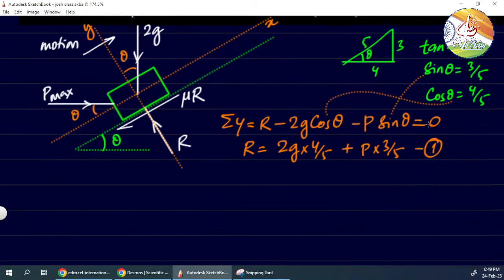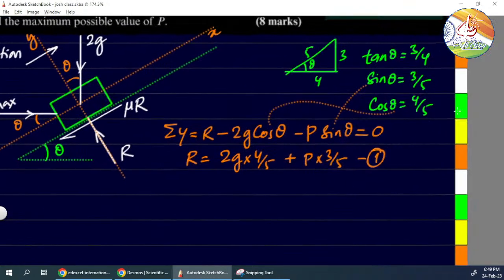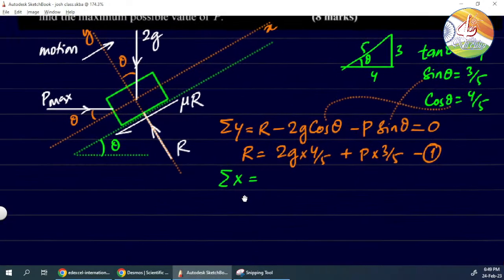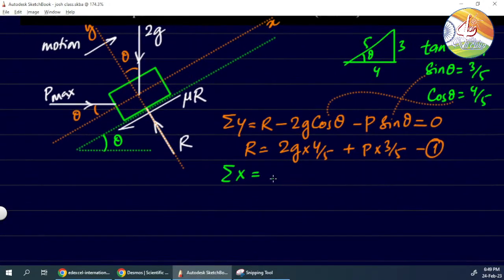Next, let us go with sigma x. Take all the x components one by one. We have P cos theta acting in the positive x direction, and we have 2g sine theta acting in the negative x direction. Then mu R will also be in the negative x direction.